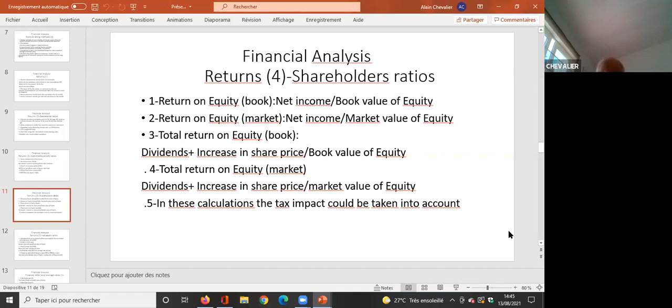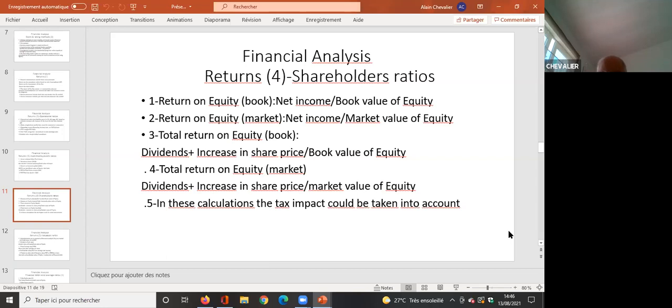Generally, in most of the cases, what you will find in financial analysis is net income or net earnings divided by the book value of equity, because it is more simple. Financial analysts don't have the data for market value. However, in a case where a firm is listed, we move in general to market value, which, of course, brings you a better, more feasible result.